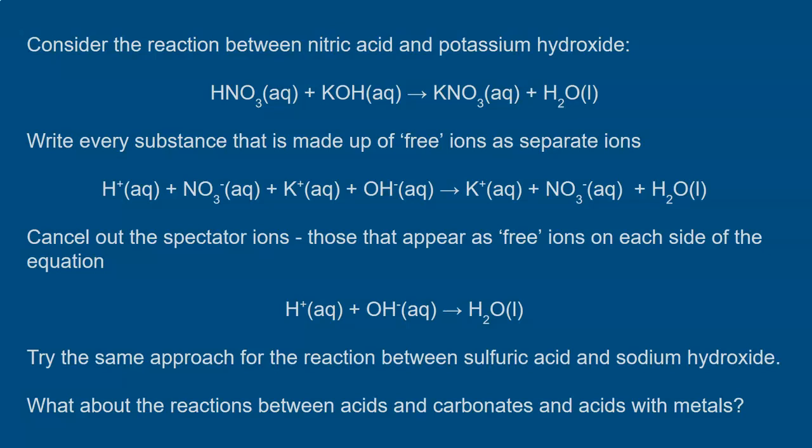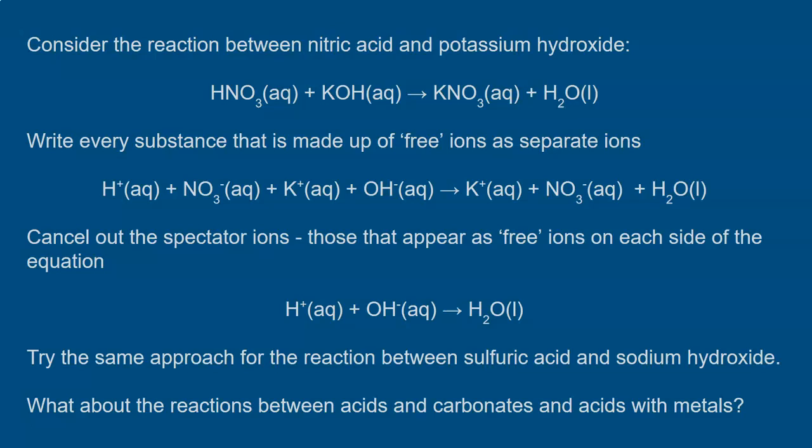Again, you can use a similar approach if you wish for acid with metals. For instance, with magnesium, the important ion in an acid is H+ again, and it reacts with a metal. The metal is not metal ions, it's metal atoms. And what happens in this is that you form a salt plus hydrogen. Now the salt is a little bit more important here than in the previous examples, in that it contains now metal ions.